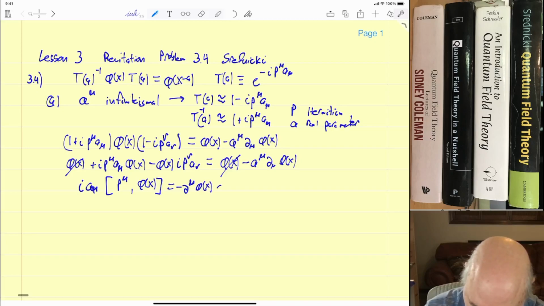What I want to do is put the indices in the same places.